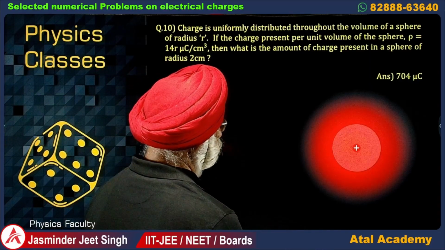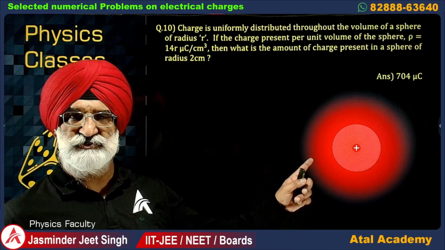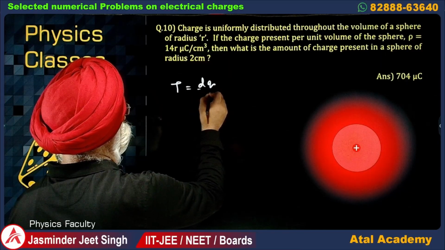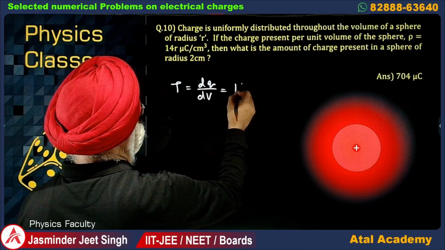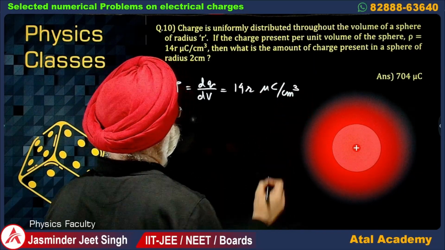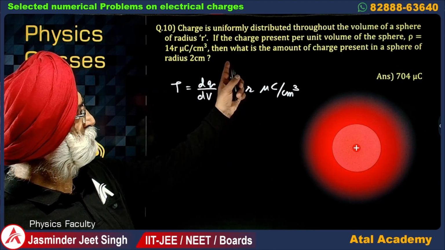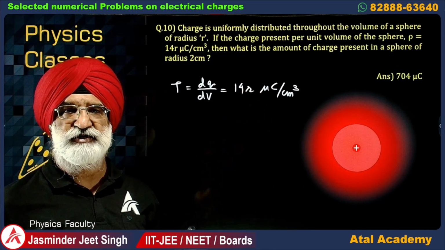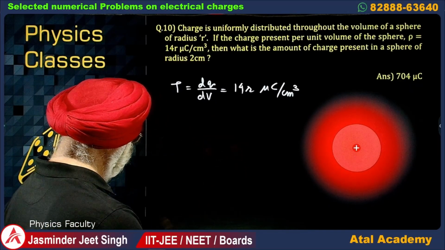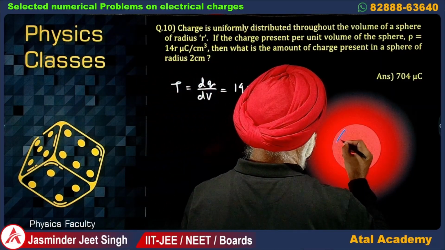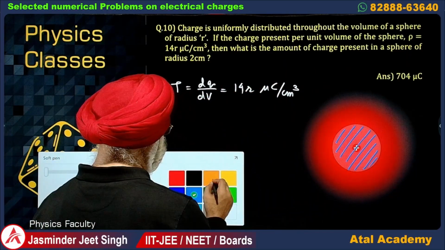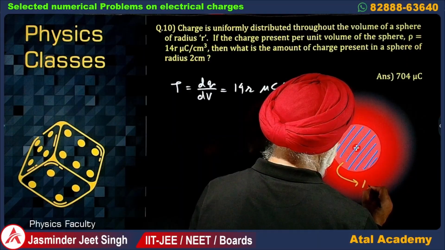According to this numerical, there is a charge distribution where rho, the charge present per unit volume, is equal to 14 r microcoulomb per centimeter cube. And we want to find the charge present in a sphere of radius 2 centimeters. That means we are supposed to find the charge present in this spherical region whose radius is 2 centimeters.